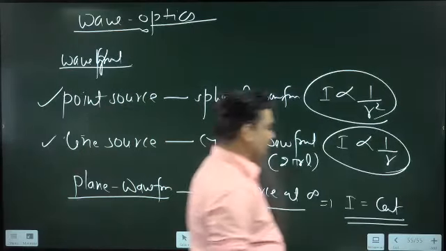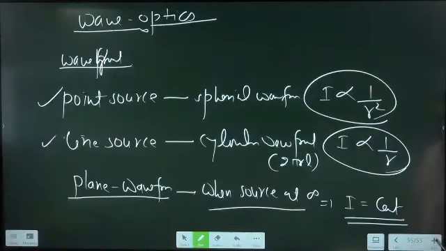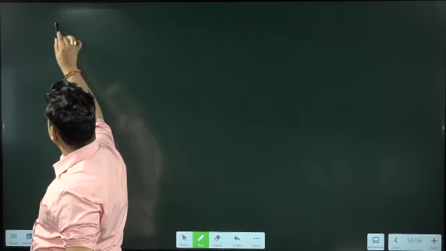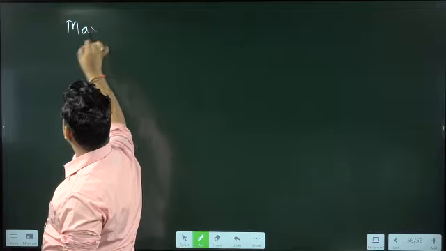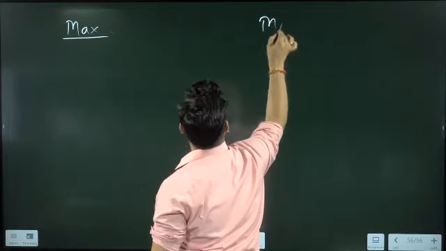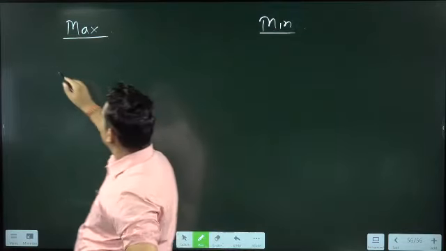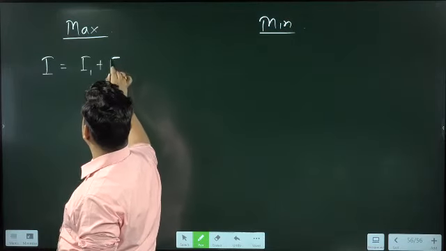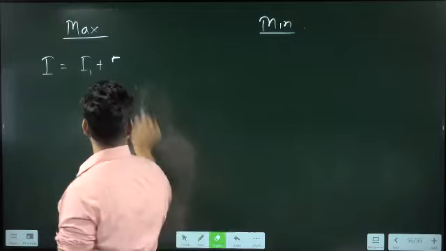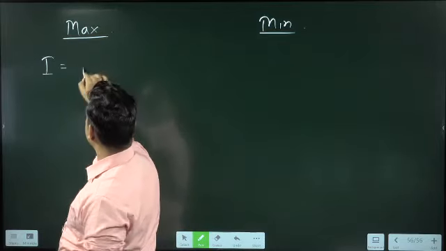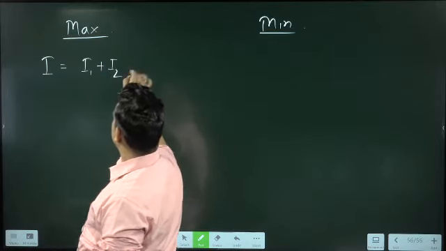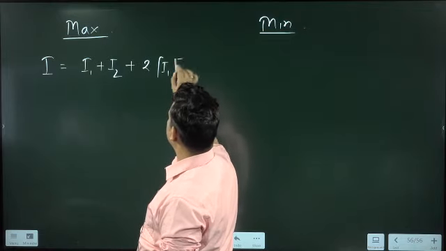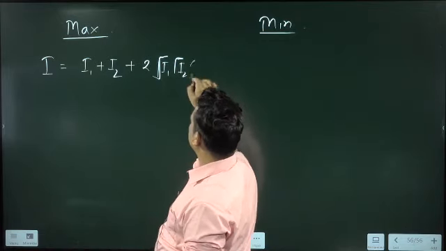Now, next thing, we have the formula of I, meaning maxima and minima. What you have to remember about this: the formula of I is I equal to I1 plus I2 plus 2 root I1 I2 cos phi.